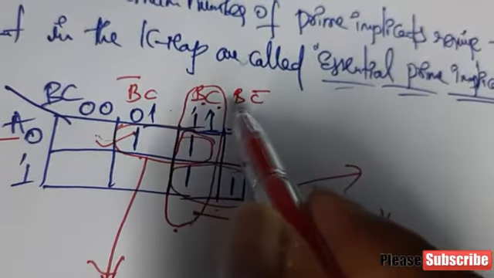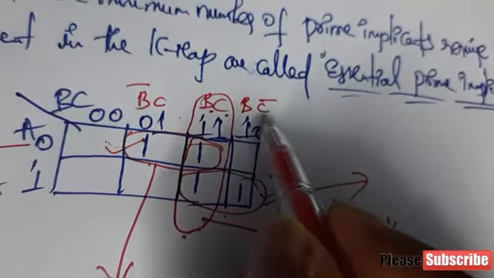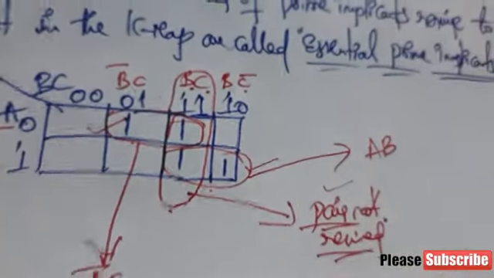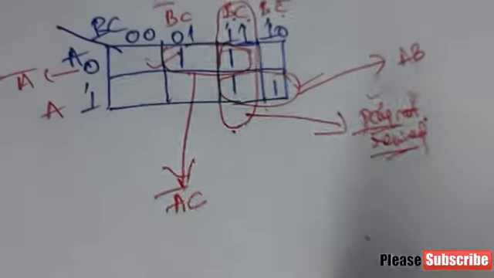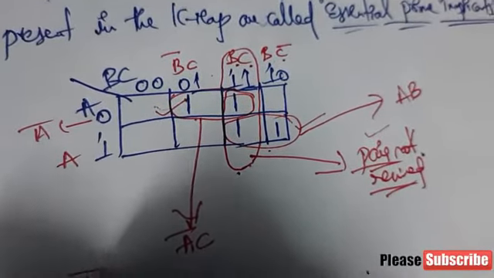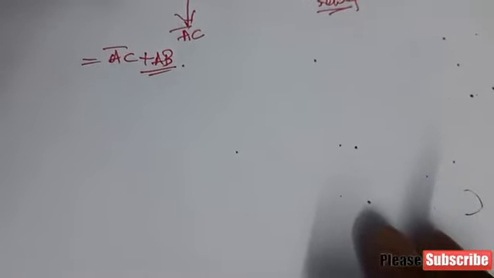If you take B common, C plus C bar means 1. The answer will be A B. Hence the final result will be A bar C plus A B. Now you have clarified and cleared the doubt, right?